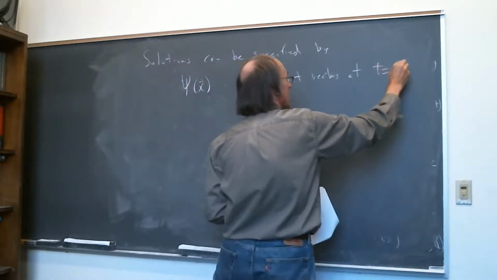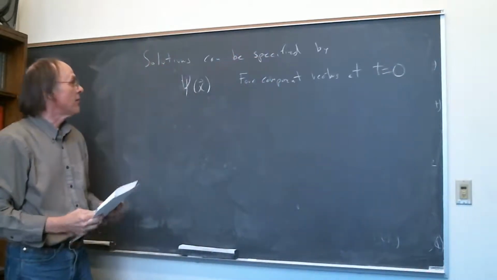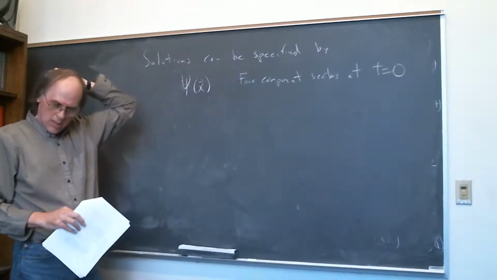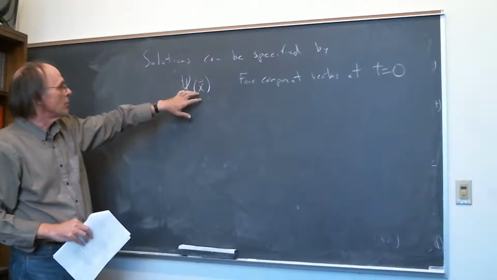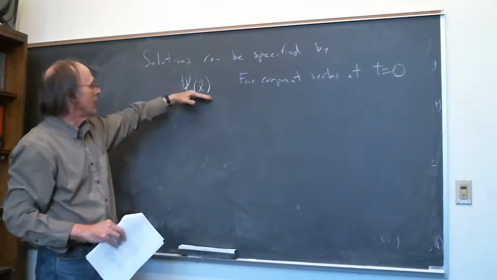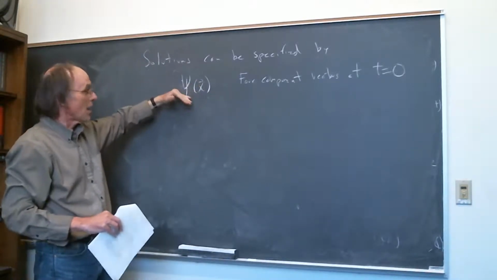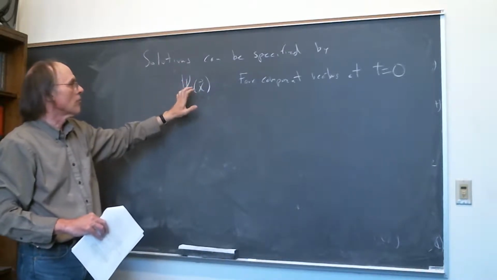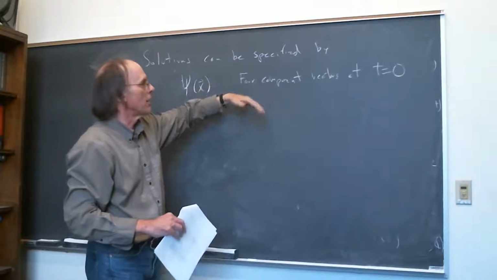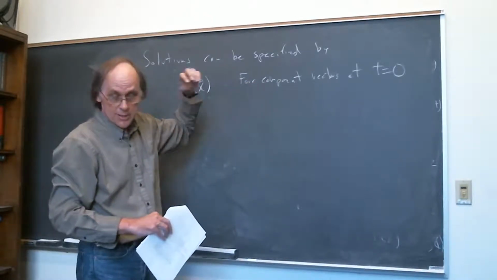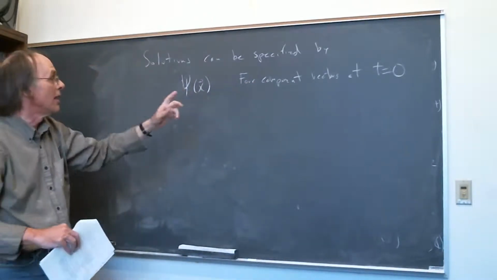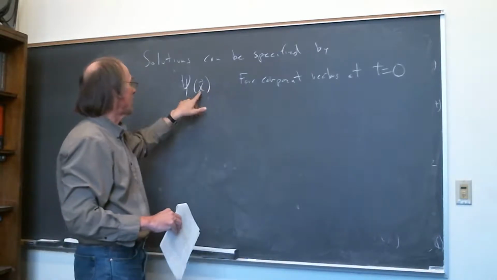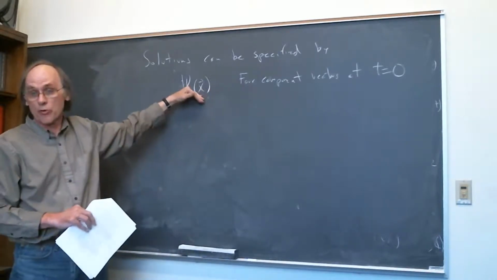Is equal to 0. So if you start out with any kind of complex data here, then you're going to get a solution to the Dirac equation for all time, and it's specified just in a one-to-one way by this.